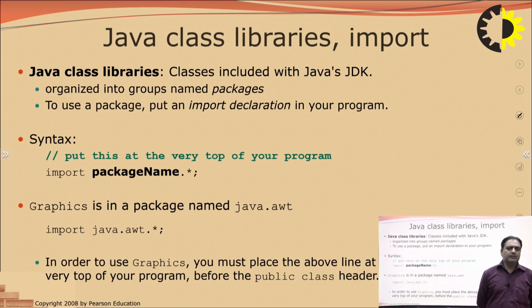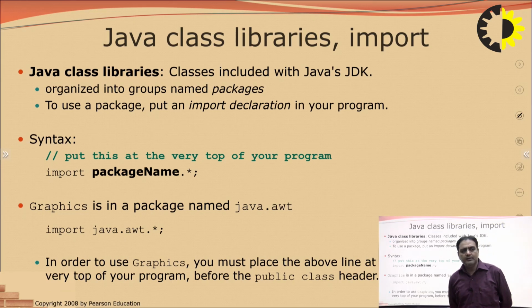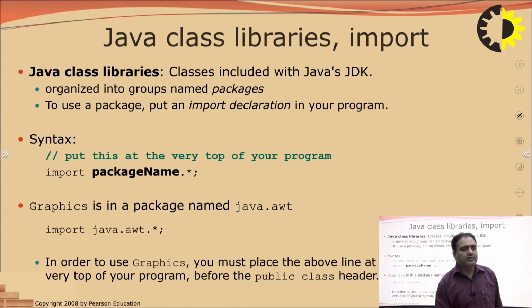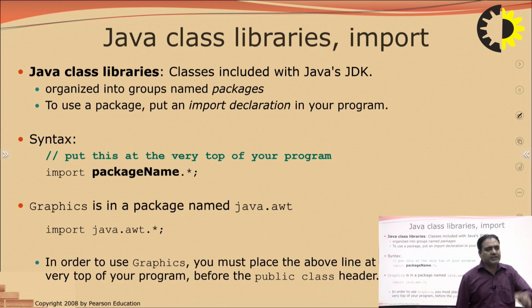It means all the classes, interfaces and methods that are defined within the package. You can use any class, any interface, any method through the one statement, import java.awt.*. It is just like a header file that we use in the C language.